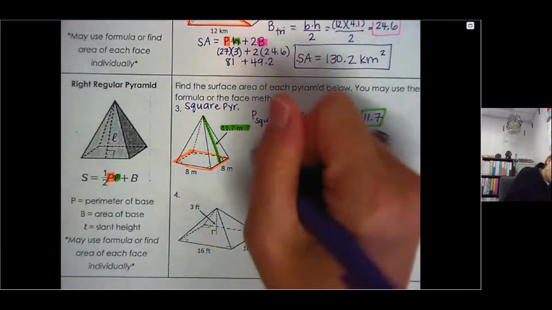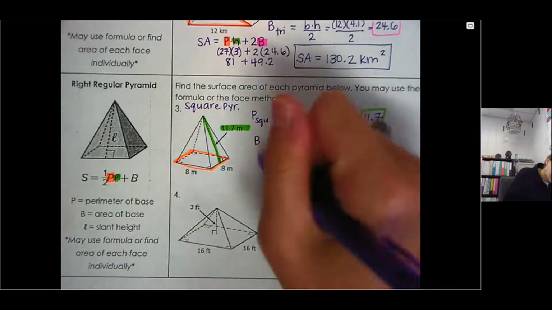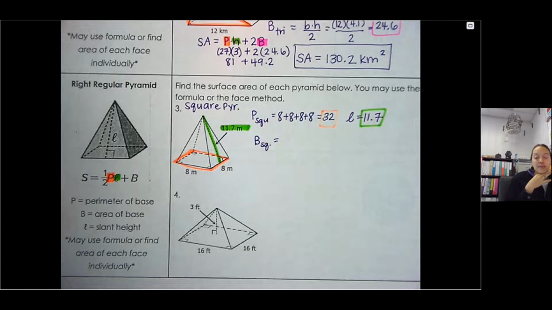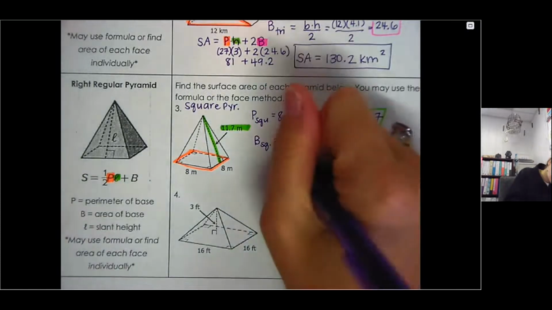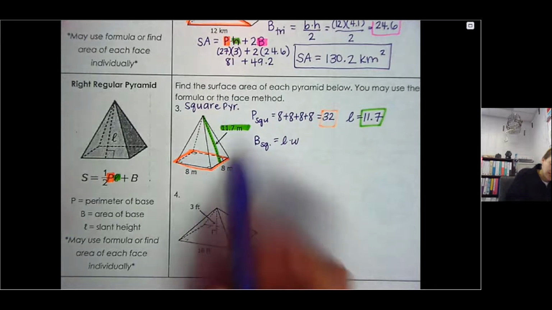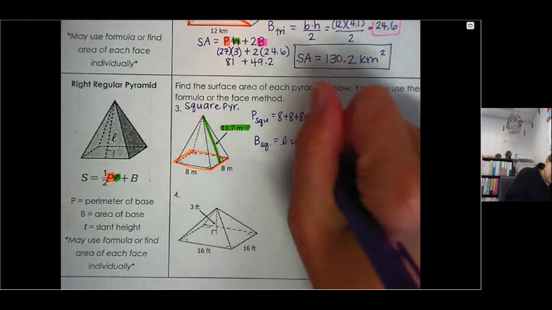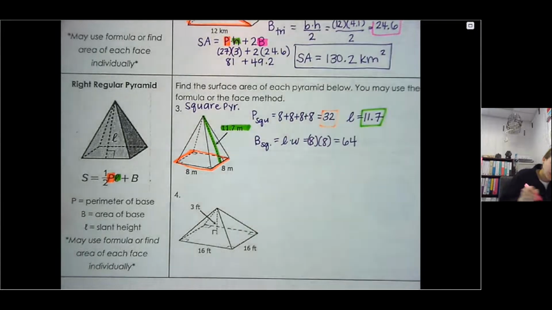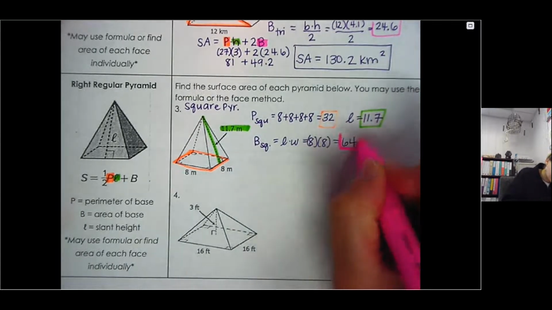My base, again, is a square, and to find the area of a square, I do base times height or length times width. Ours are both 8, so 8 times 8 is 64. My big B is 64.